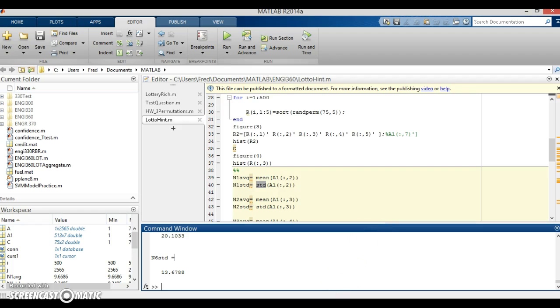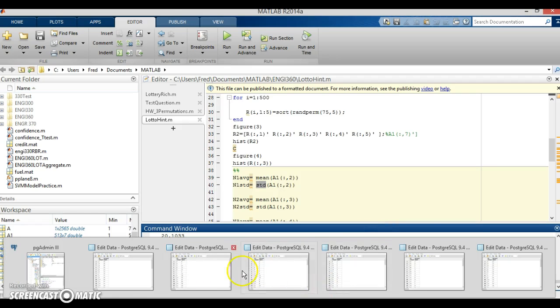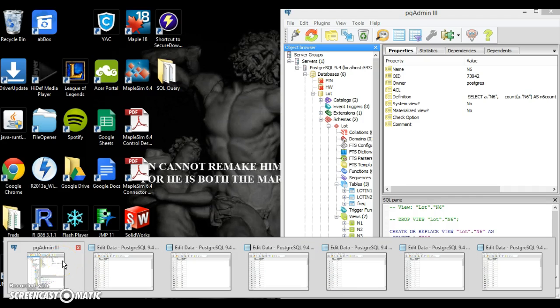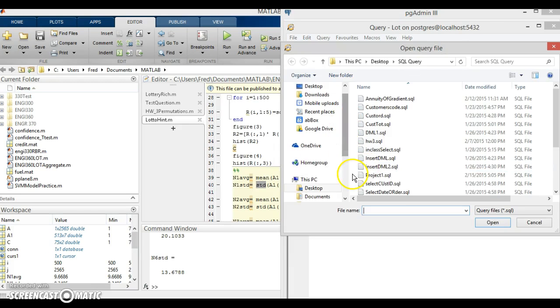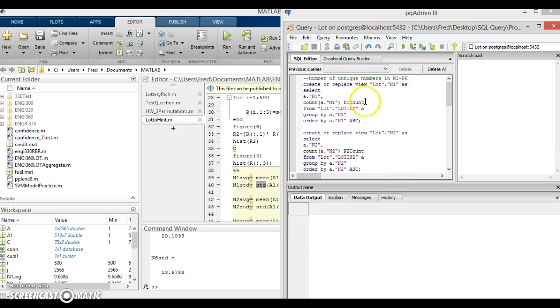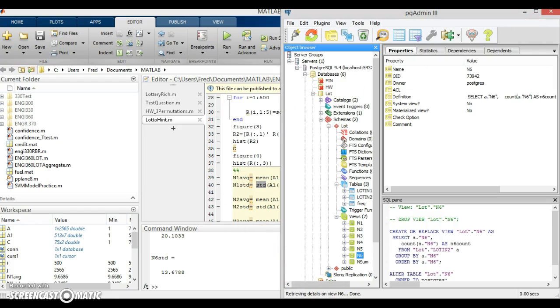And so then for the counts, we have created views in PostgreSQL. Open project 1. I've just added this statement where I'm creating and replacing a view of the data so it's easier to look at.